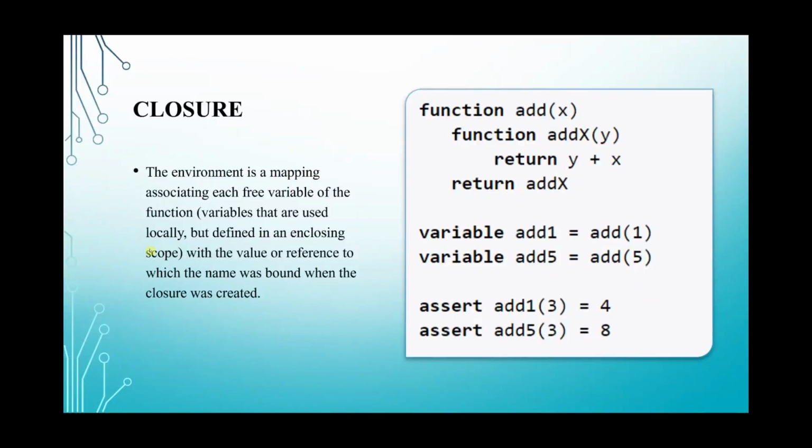Here's an example of closure that will clear everything up. The environment is a mapping associating each free variable of the function, variables that are used locally but defined in an enclosing scope, with the value or reference to which the name was bound when the closure was created.